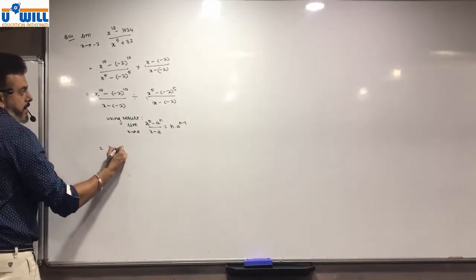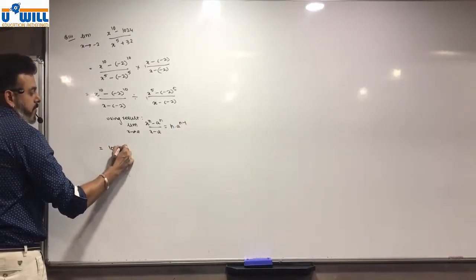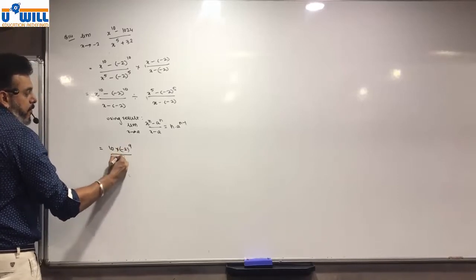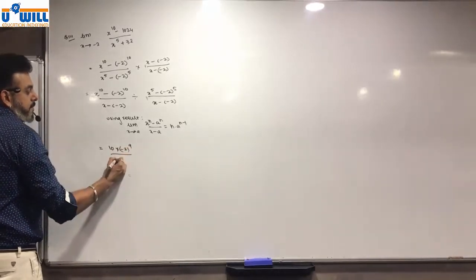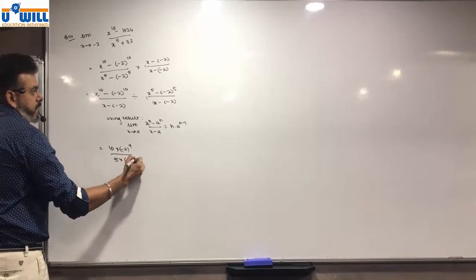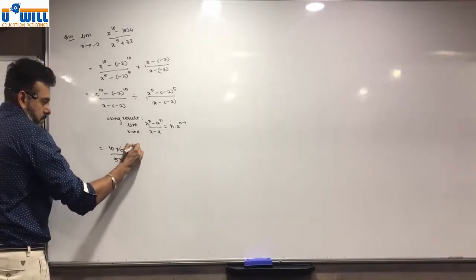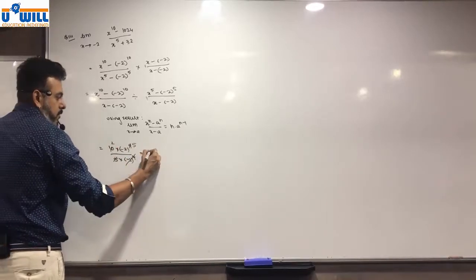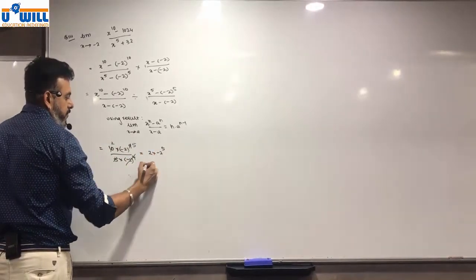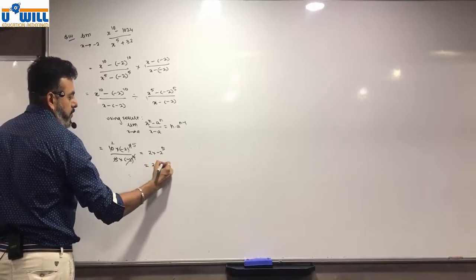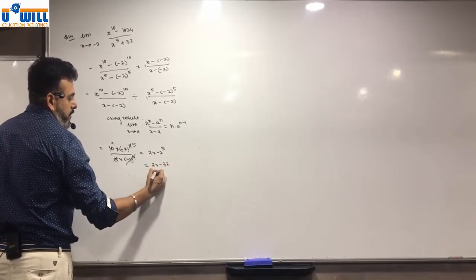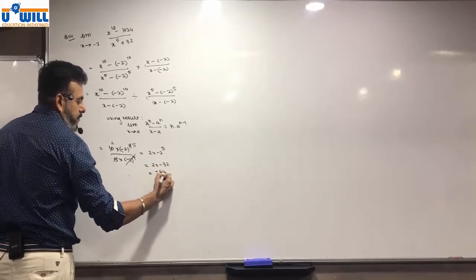This is equal to 10 into (minus 2) raised to 9 upon 5 into (minus 2) raised to 4, which is equal to 2 into (minus 2) raised to 5, which is equal to 2 into minus 32, which is equal to minus 64.